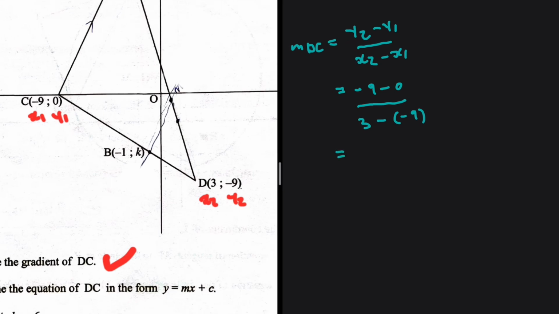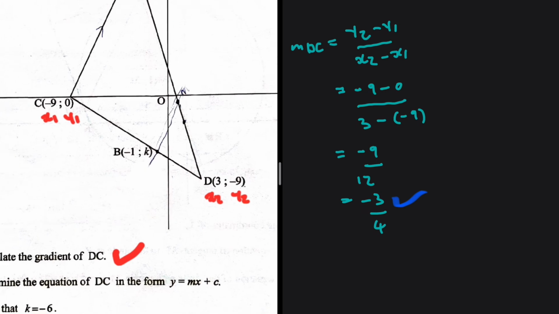So this is equal to minus 9 divided by plus 12, right? And then if you put this in your calculator, or if you simply divide the numerator and the denominator by 3, you should get minus 3 divided by 4. So this right here is the gradient of DC. Sticking to the basics, nothing complicated really.